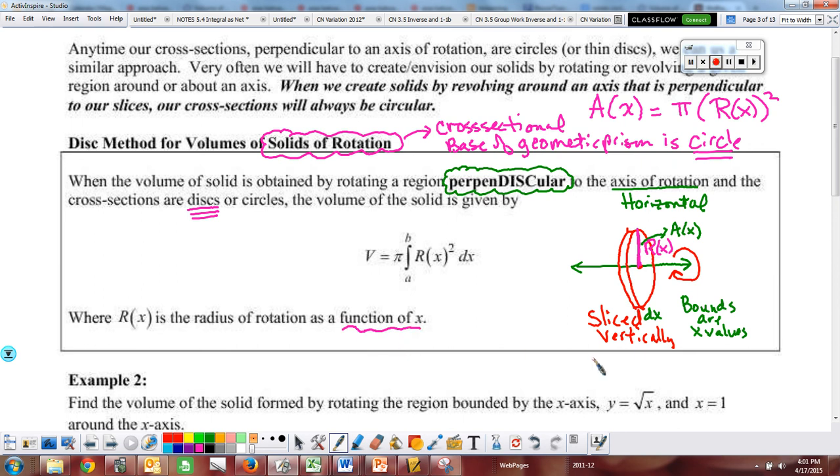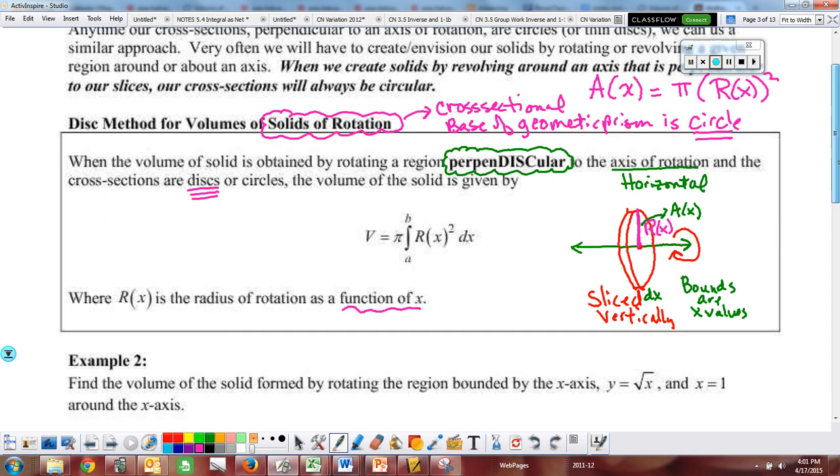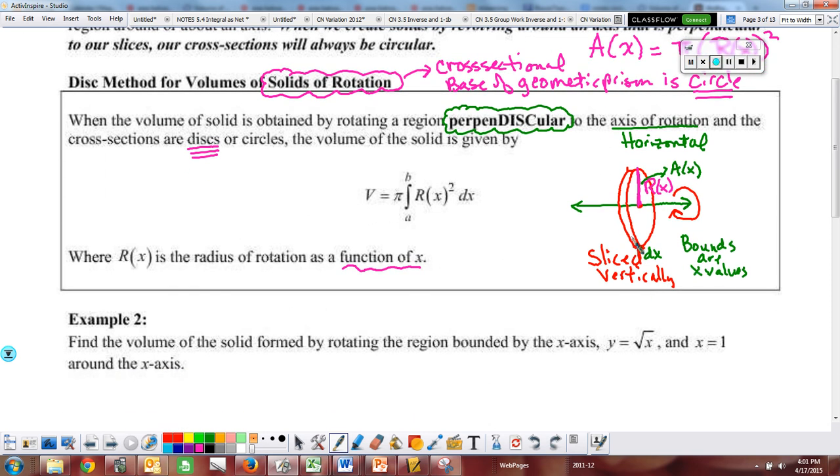Now we are also going to do this same problem, but instead of an axis of rotation that's horizontal, we could also have an axis of rotation that is vertical. I'll just show that one over on this side. If this is now my axis of rotation, and we spin it around this way, then every time we get a disc or a slice, our slices are now going to be horizontal.